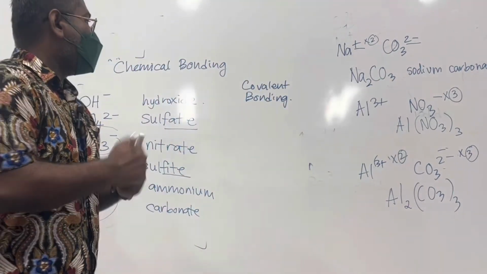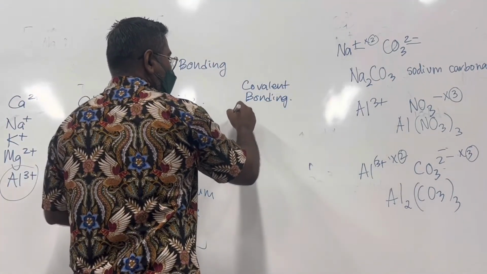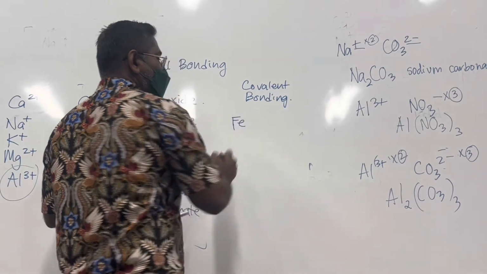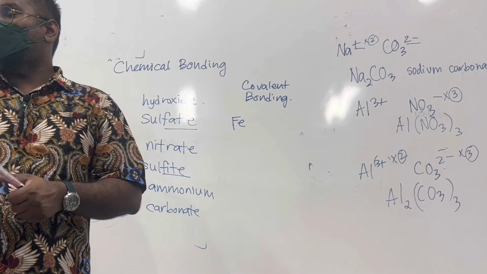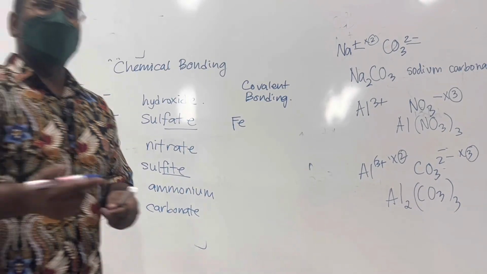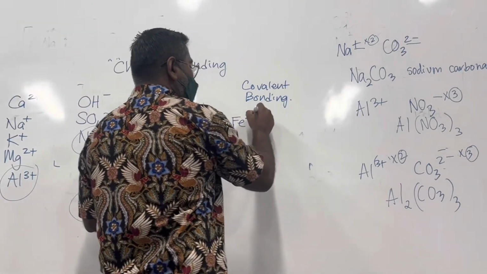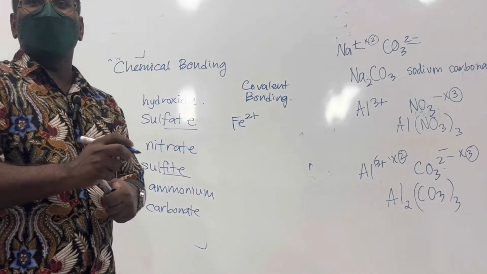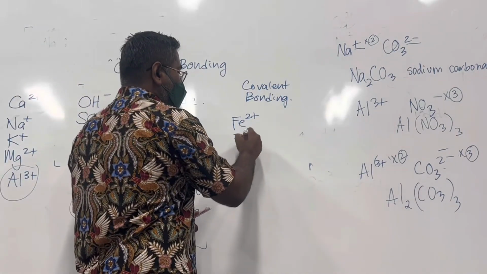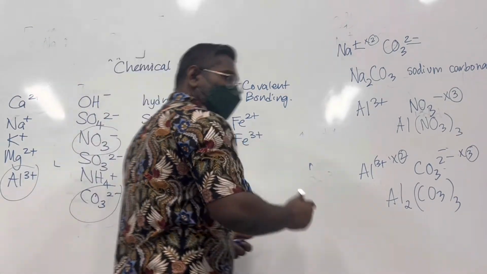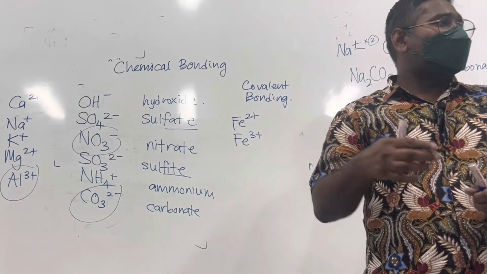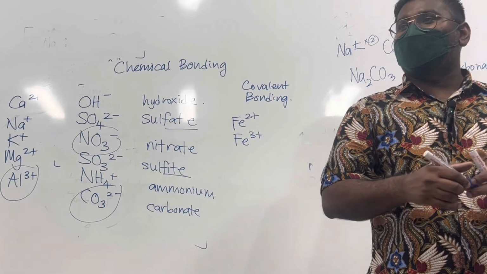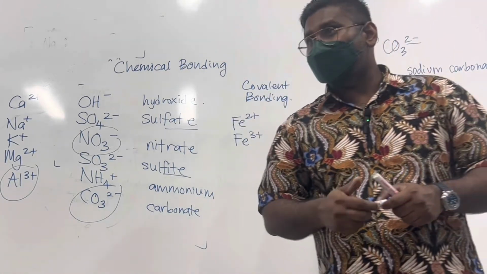I told you iron, Fe, is a transition metal, a transition element. Fe can exist as Fe2+. Fe can also exist as Fe3+. There are two. So when I write, I need to be very certain what I am referring to.